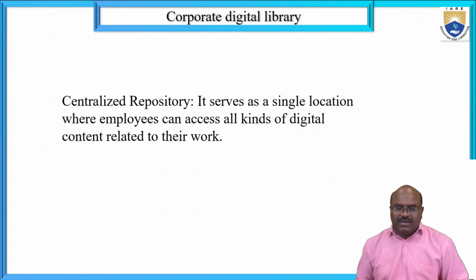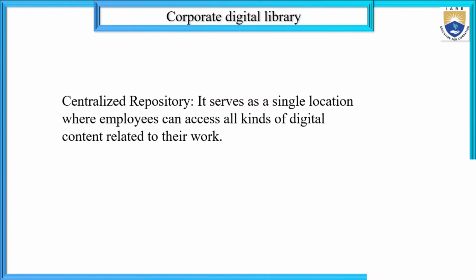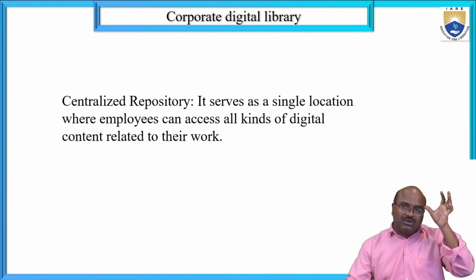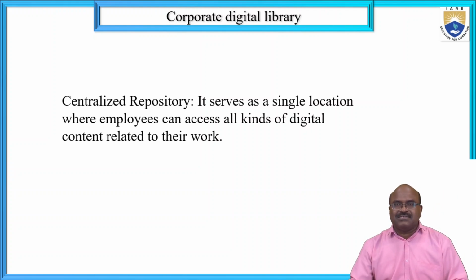The corporate digital library is majorly a centralized repository, which means storing data and information in a particular place. It serves as a single location where employees can access all kinds of digital content related to their work. In the entire system scenario, we maintain one large server, and this server is connected to a group of clients, a group of nodes, that is, digital systems.